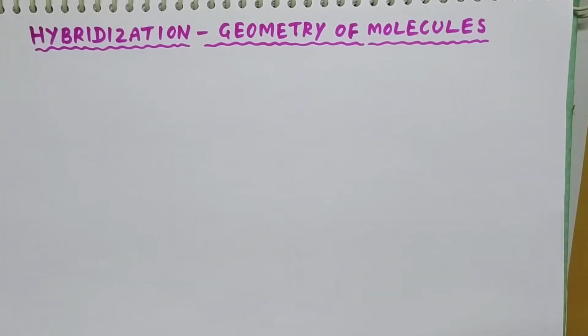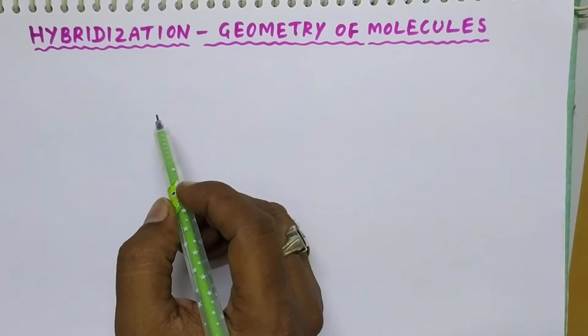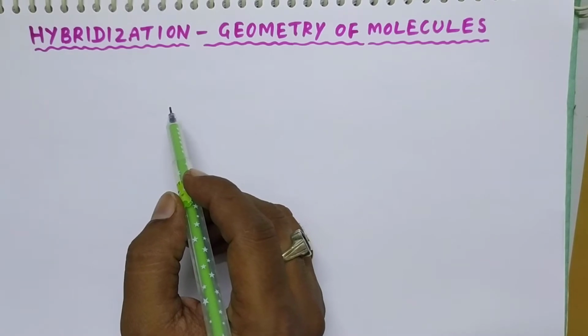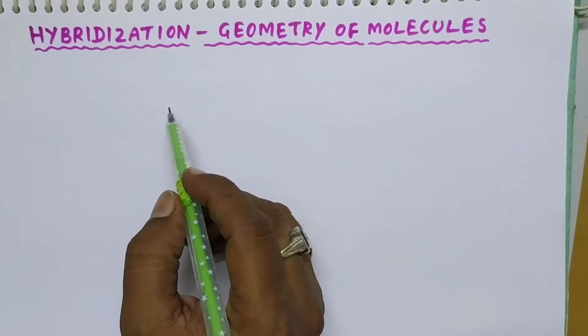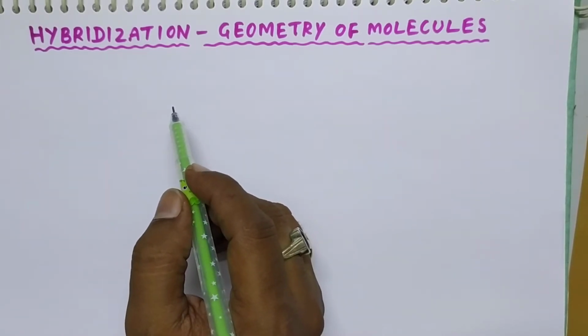Dear students, today we are going to discuss the geometry of molecules for various hybridizations. In the previous video we discussed how we can predict the hybridization of a given molecule.